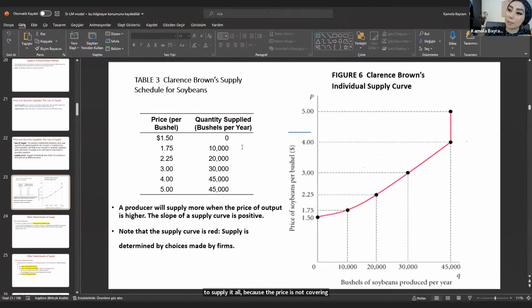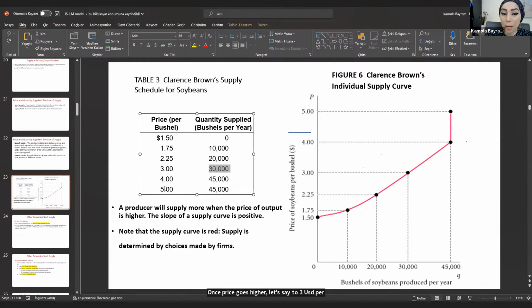It is lower than his cost, simply put. However, once the price increases to 1.75 USD, the producer is going to supply 10,000 bushels of soybeans per year. Once the price goes higher, let's say to 3 USD per bushel, then the producer will produce 30,000 bushels per year.